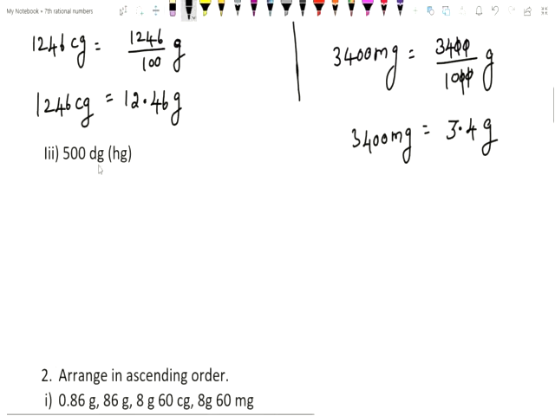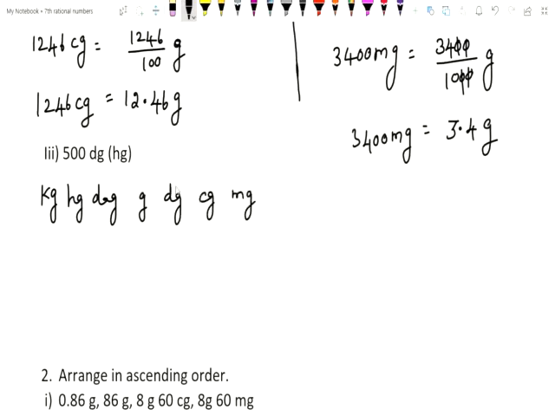500 decigram, we are going to convert into hectogram. Write the order: kilogram, hectogram, decagram, gram, decigram, centigram, milligram. So decigram to hectogram: 1, 2, 3. So divide by 10, divide by 10, divide by 10.